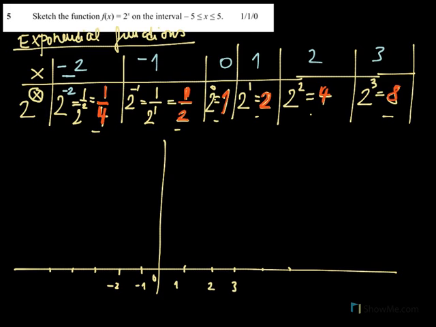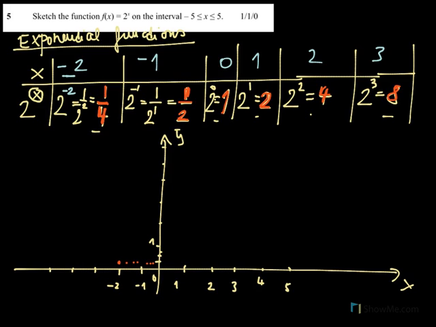And the interval we are given is between negative 5 and 5. So I made it longer, x, y. And let's start by finding the outputs for the values here. So for negative 2, I have 1 over 4. So if this is my 1, I divide in half, half, half. So this is the value for negative 2.